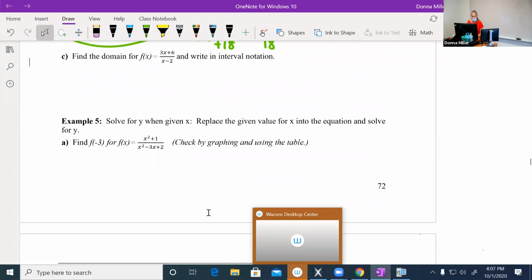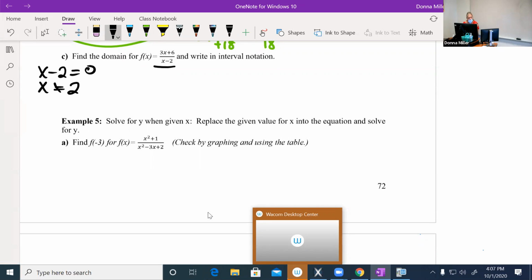All right, so find the domain. This is the same thing we've been doing. How do you find the domain? I've asked this to be done 20 times now. Set the bottom to 0, right? Because that's what x can't be. So if x minus 2 equals 0, x equals 2.